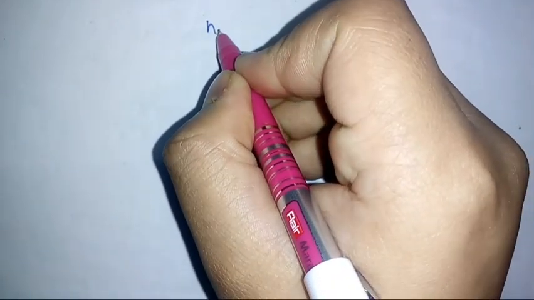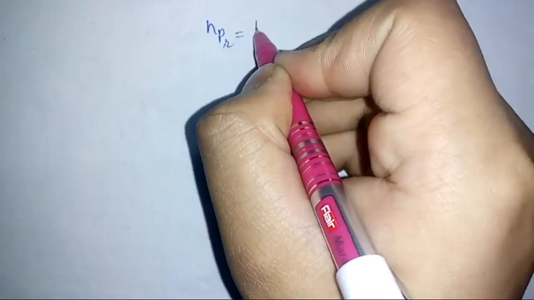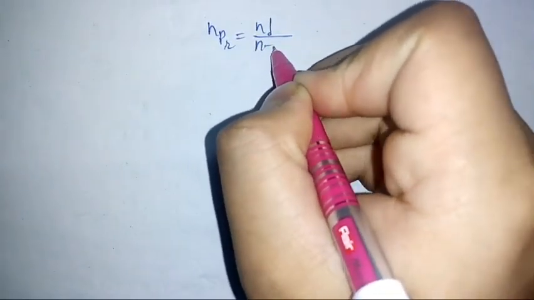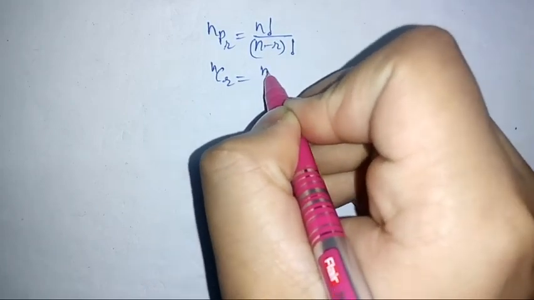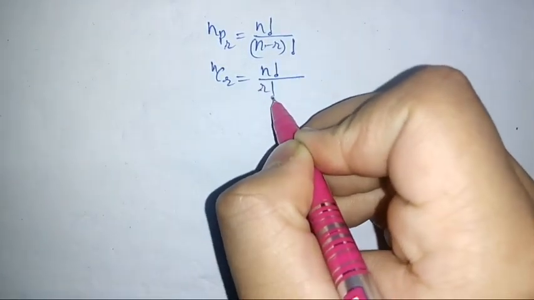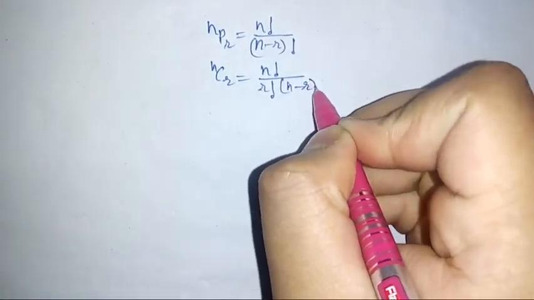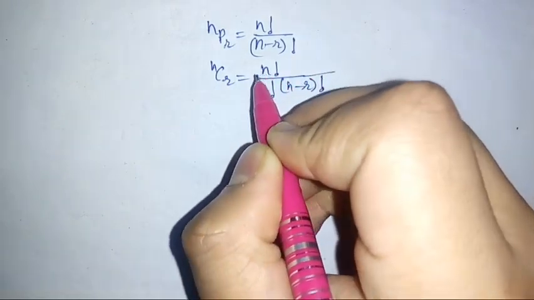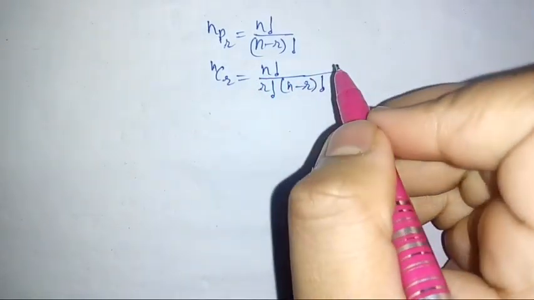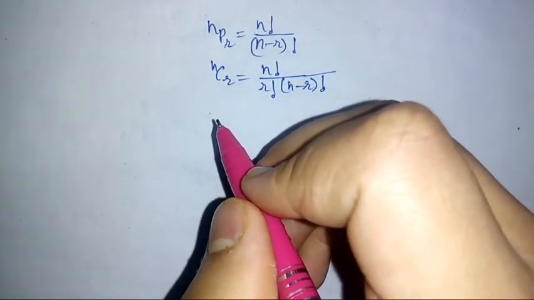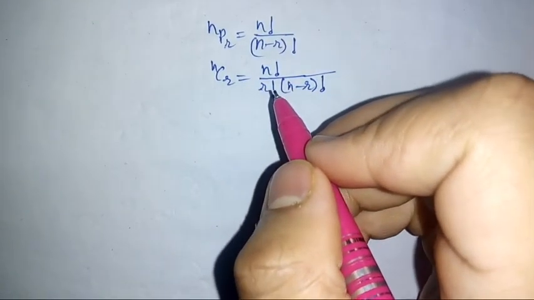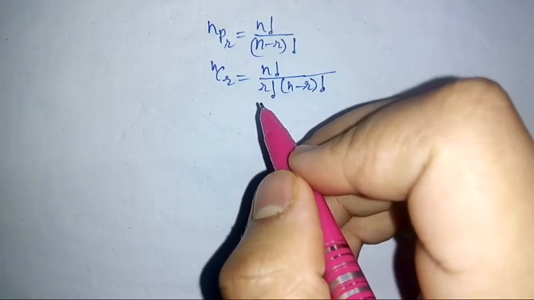The formula is as follows: nPr is n factorial by n minus r factorial, and nCr is n factorial by r factorial into n minus r factorial. It is the basic formula. If repetitions are there, or in other cases, the formula might change. So let me explain how we can calculate the exact numbers.